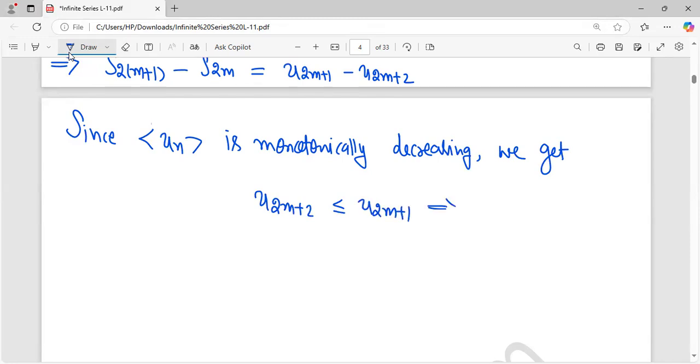It means u_2m+1 minus u_2m+2 is greater than or equal to 0.